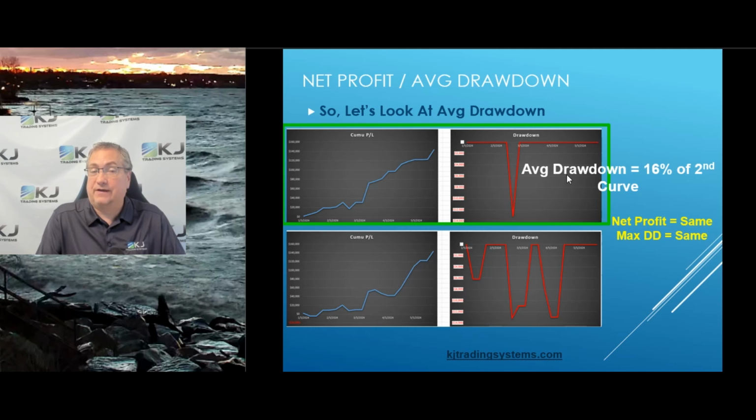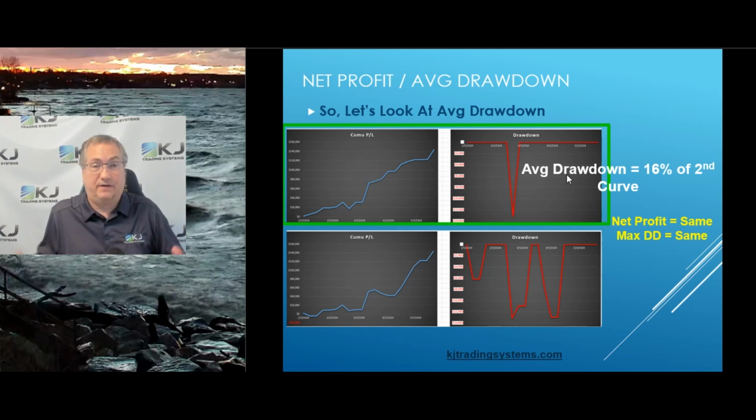So hopefully you can see how this metric, just the average drawdown by itself, could be a really important and useful metric. Because it tells you a lot more than just the net profit, which we said was the same, and it certainly tells you more than the max drawdown. Remember, the max drawdown is one point in time.